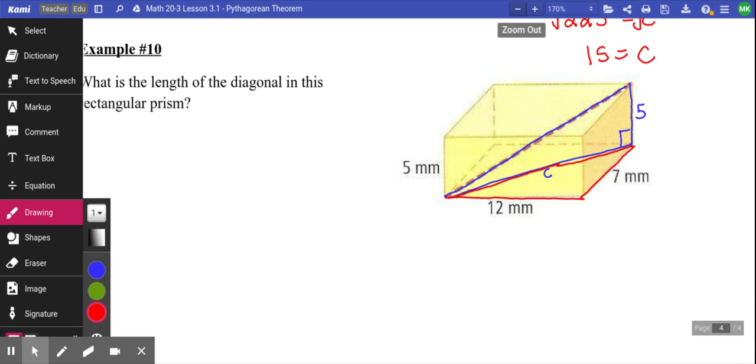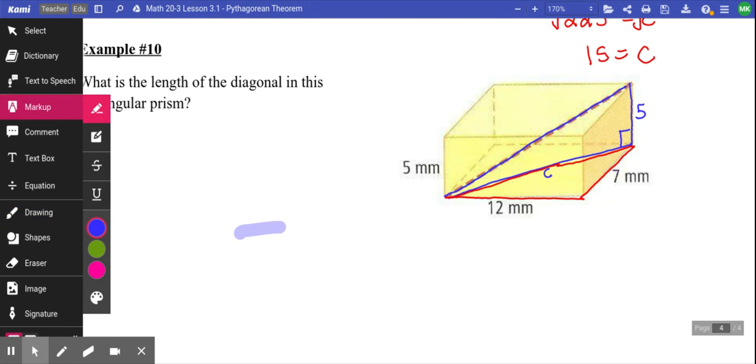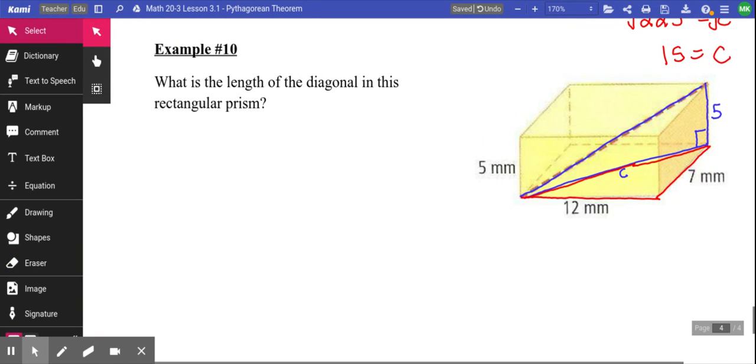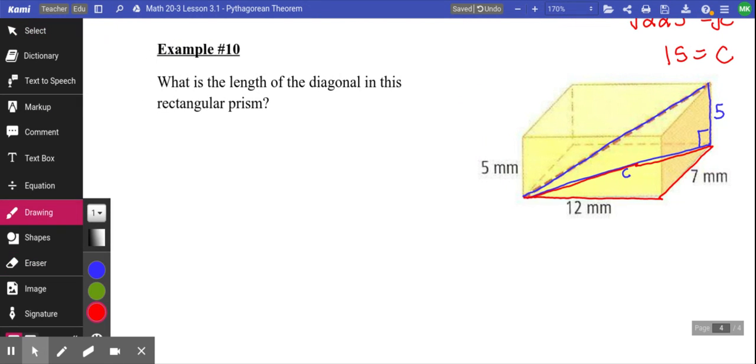So now we're going to have to try to find that missing side. We'll start with the triangle on the ground. On the ground, I'm missing the hypotenuse. So that means I need to do a squared plus b squared equals c squared.